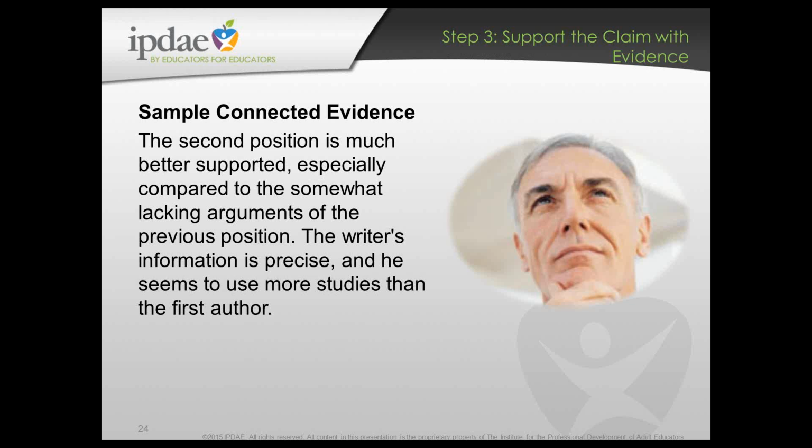The student had to evaluate what he or she read and then connect it back to the claim, which said the reason one side was better than the other was that the studies were more precise and more useful or valid. So this is a connection piece. This is also an example of authentic text. Nothing there is directly lifted from the words of the article.